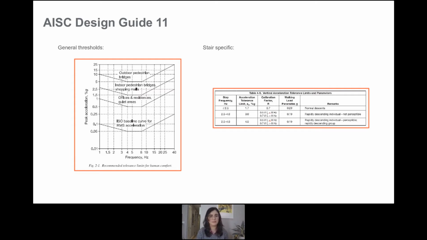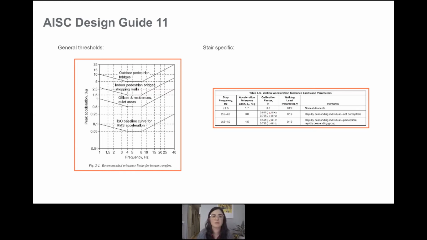And different settings allow for different vibrational accelerations to be able to be felt. And so the way AISC approaches it is, there's different acceptable peak accelerations depending on if you're sitting in an office, right, where you're stationary generally, so you'll be able to feel some, but you're not sleeping, right?